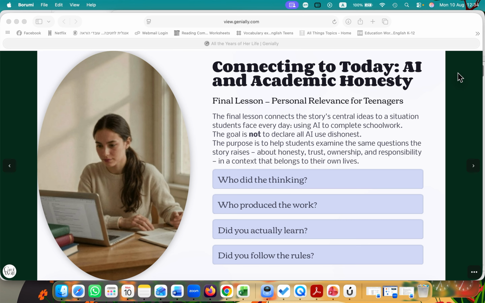Frame it around four questions. Who did the thinking? Who produced the work? Did real learning happen? And were the rules followed? These questions help students understand not just what a rule says, but why it exists.